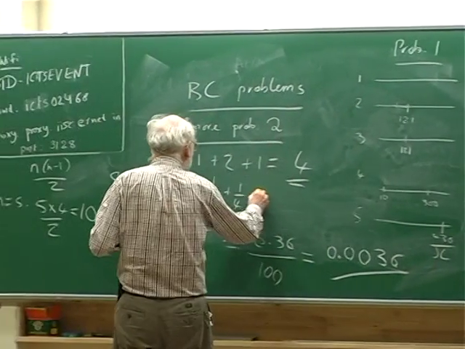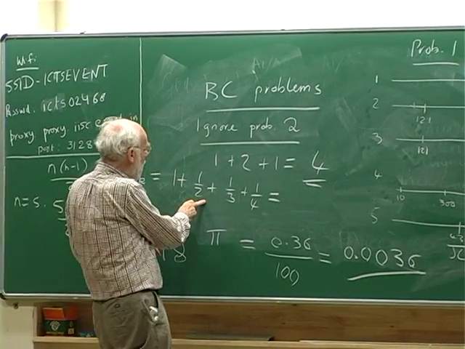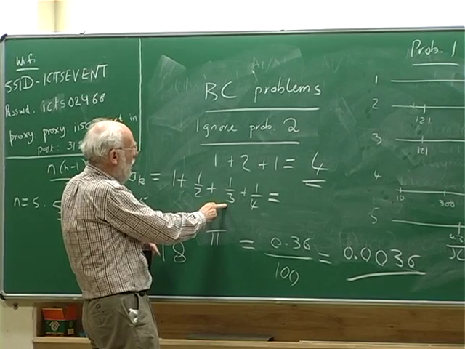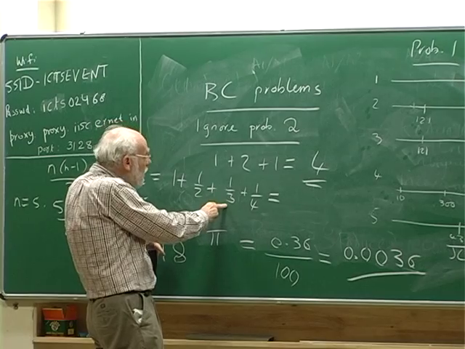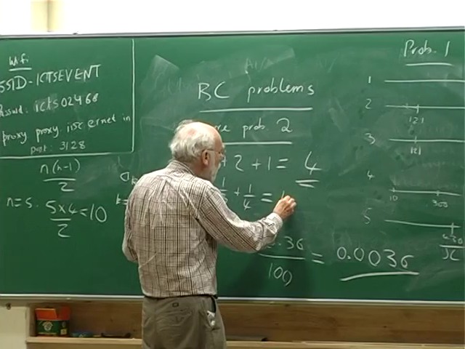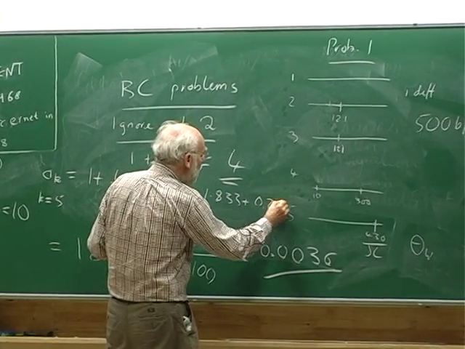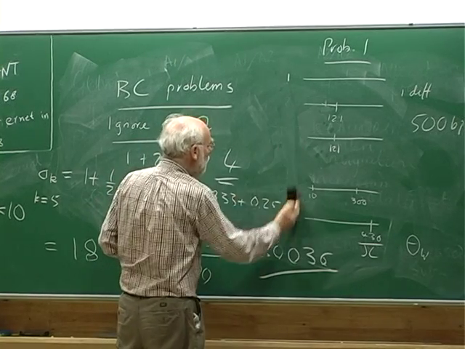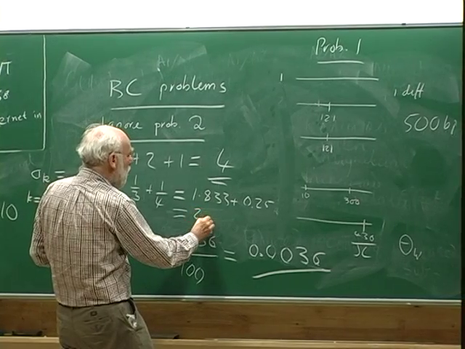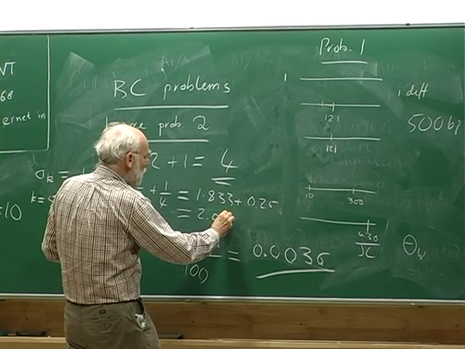So now I need some help. So it's 1.5, right? Plus 0.33, that's 1.833, plus 0.25, and that is equal to 2.083.